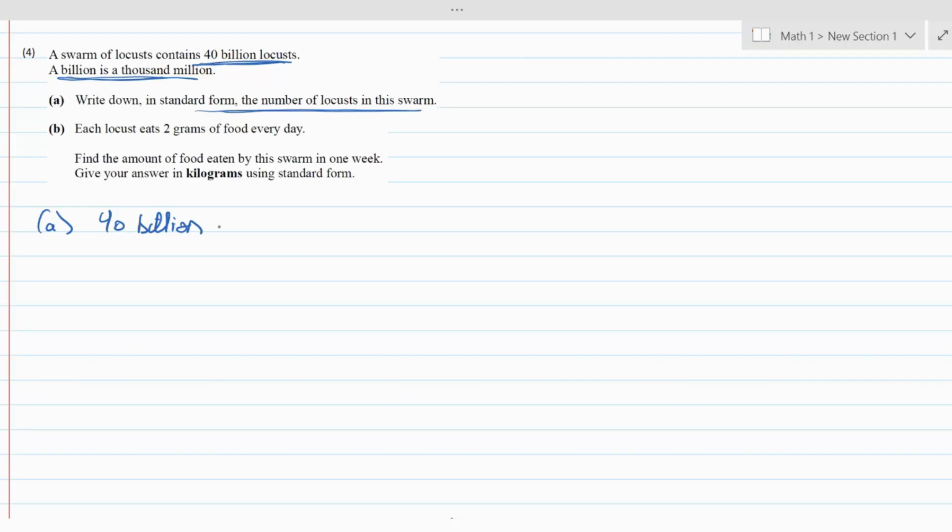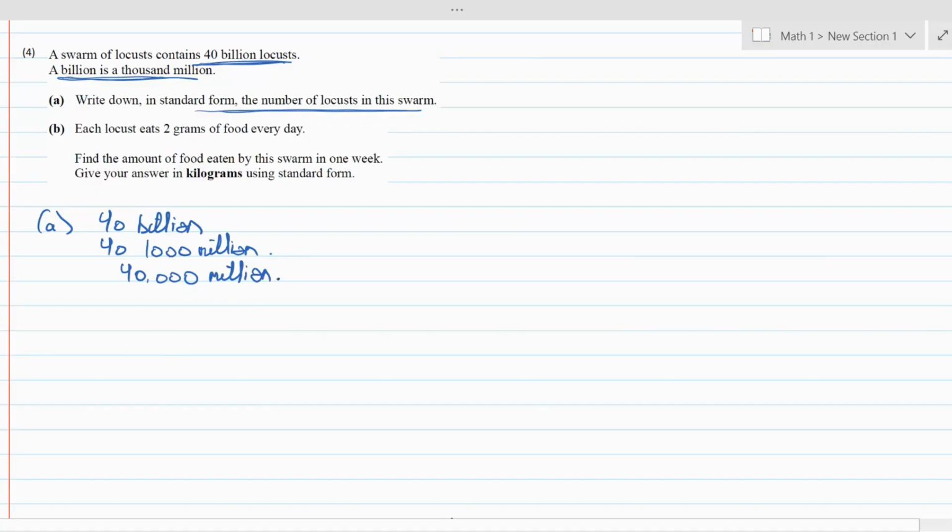So a billion is 1,000 million, means it can be rewritten as 40, and in place of billion we can write 1,000 million. Okay. So 40 into 1,000, that would be 40,000 million. And now we have to work it out for the millions also, and for million we know that's 6 zeros.